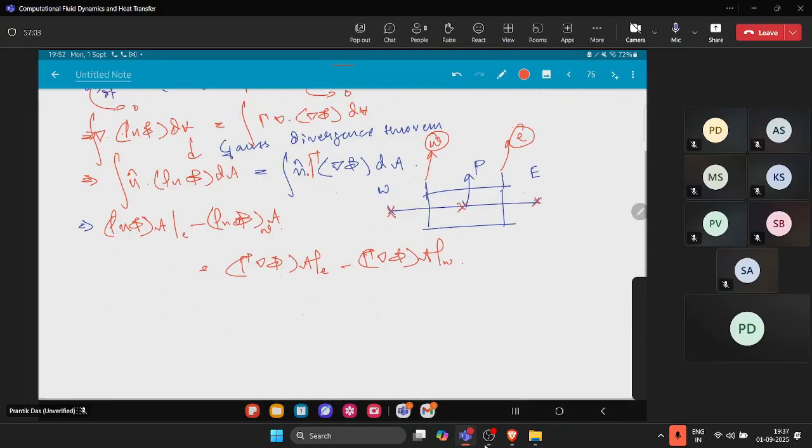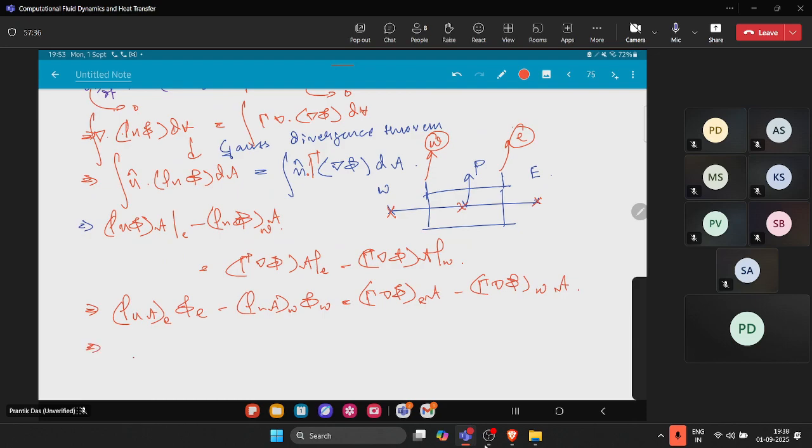So if I'm using the central difference, rho UA I can keep out of the bracket: rho UA phi E minus rho UA west phi W equals gamma grad phi east A minus gamma grad phi west A.